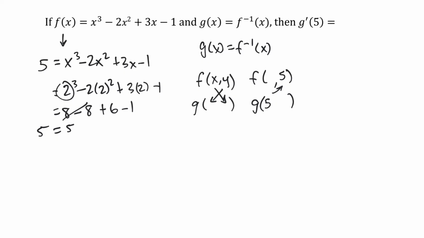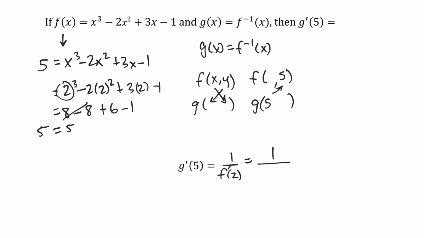So, finally, g prime of 5, well, that's the inverse of the f of x function, which means it's 1 over f prime of x. Specifically, f prime of 2, because if the y is 5, the x must be 2. So that's 1 over f prime of 2.